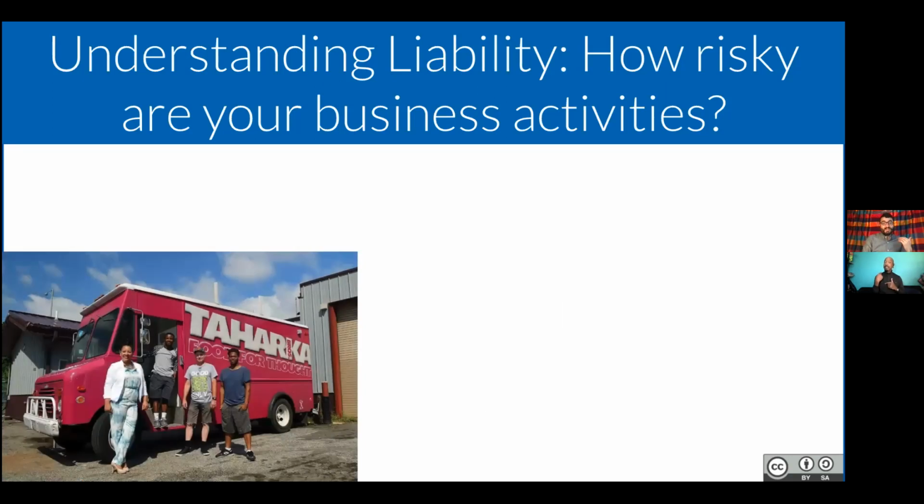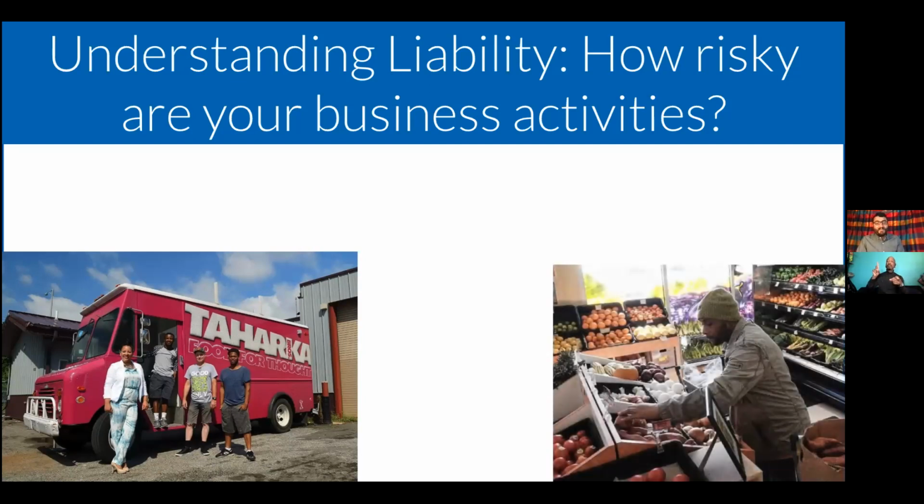Will you be serving food, like the Taharka food truck based in Baltimore, a worker cooperative that serves ice cream? Will you have people coming into your store, like the folks at Mandela Cooperative in West Oakland? Will you have employees? Will you be carrying out work on someone else's property?